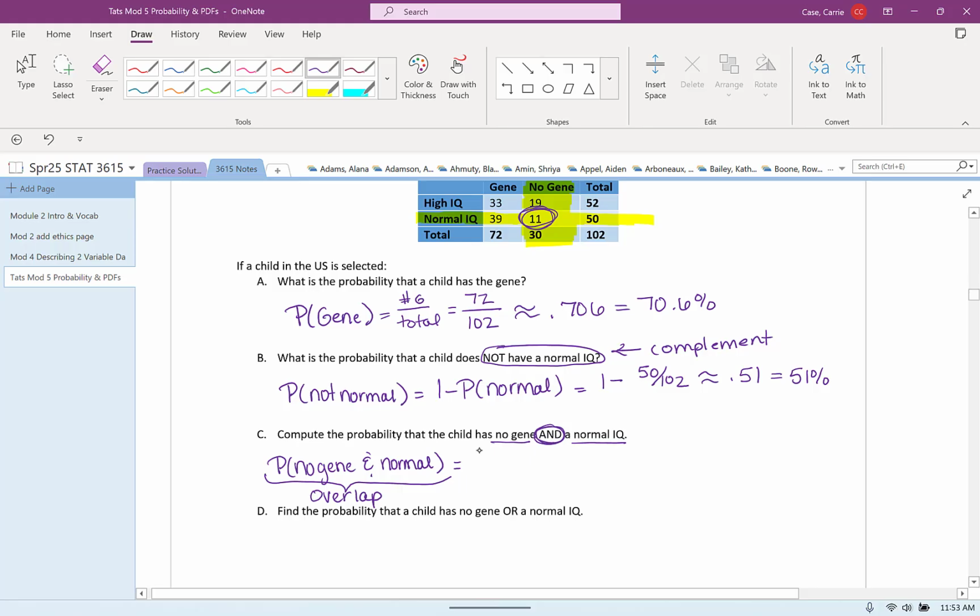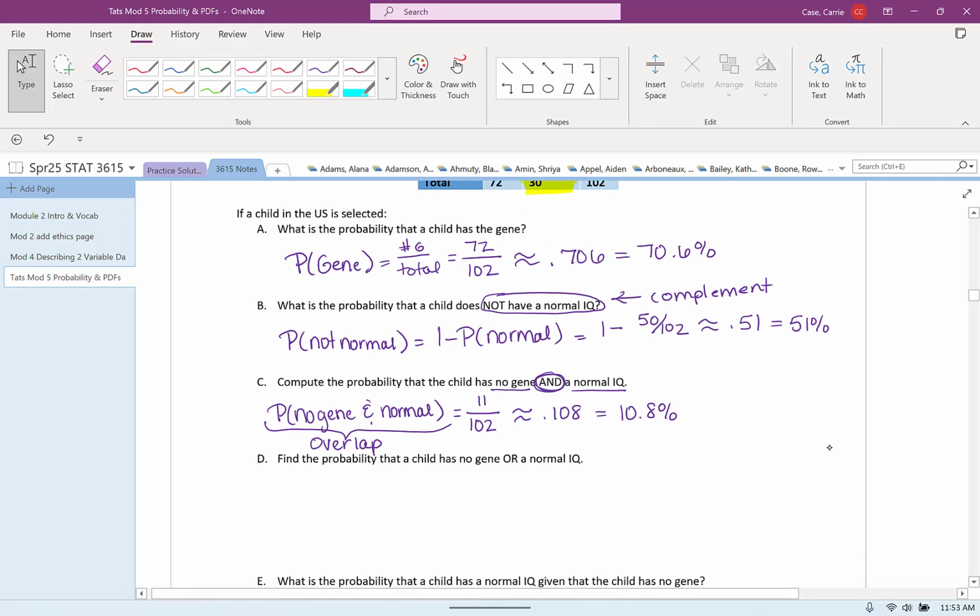And so there are 11 children that have both no gene and the normal IQ over 102, and that is approximately 0.108 or 10.8%. So once again, we're just reading off of this contingency table for the scenario we have. So far, common sense and basic reading of this contingency table, most of you would have gotten all of these so far.